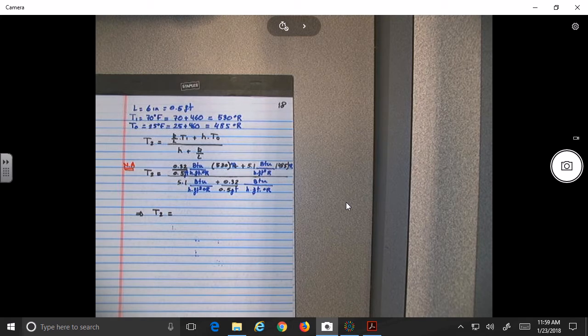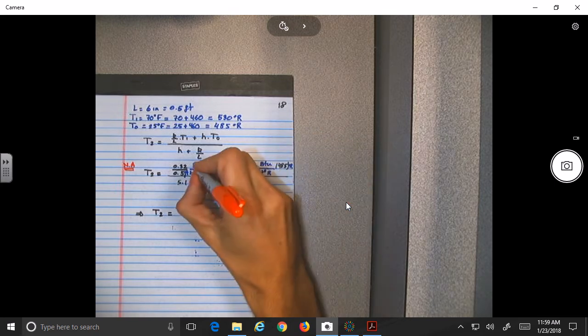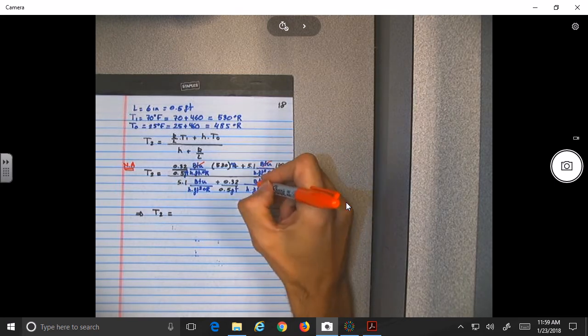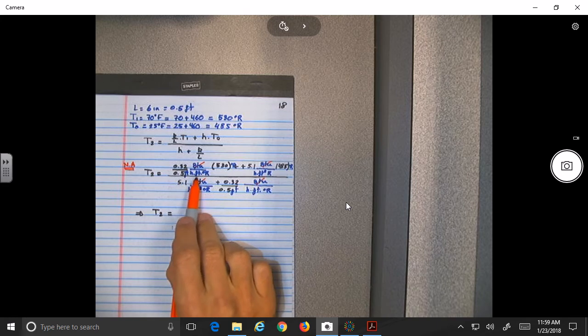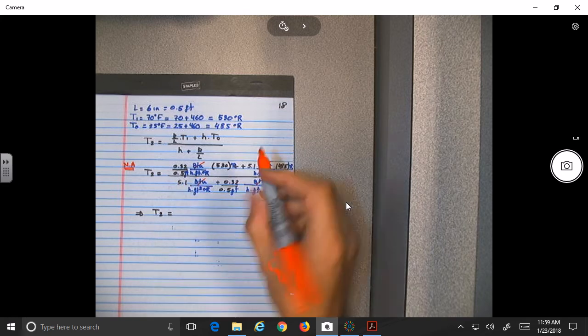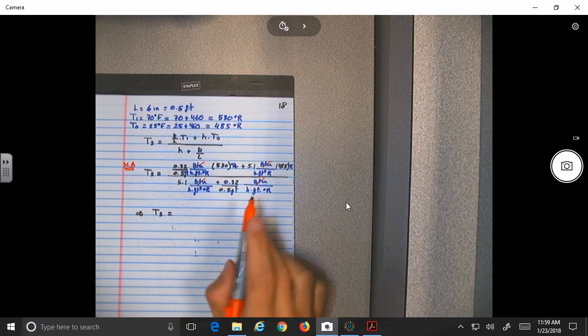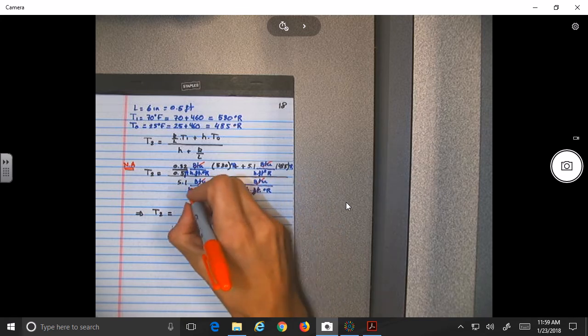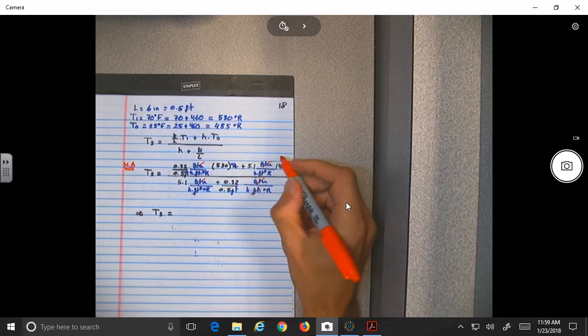Okay, so if we look at the units, what's going to happen to the BTUs? Cancel out. What's going to happen? You have here foot times foot square, no? Foot square is going to cancel with all these, foot times foot. What about the hour?